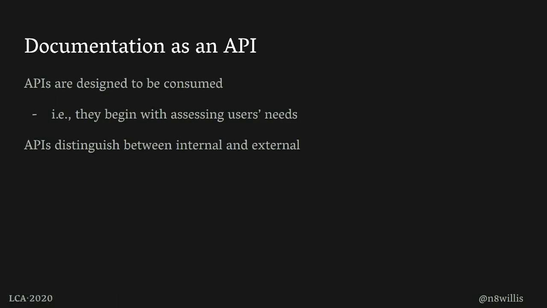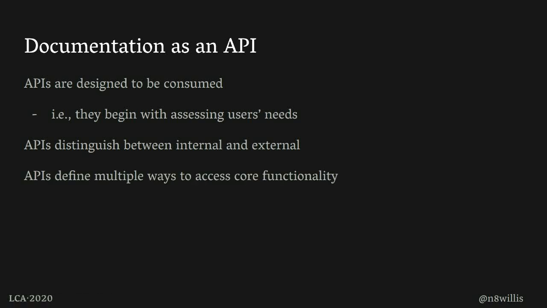Another API facet I think relates to documentation is that you have to have a clean distinction between internal and external. If you mix those together in documentation, you confuse the reader and it's at your own peril. If you don't keep them separate, you're giving your writers a much more difficult task, I should say.